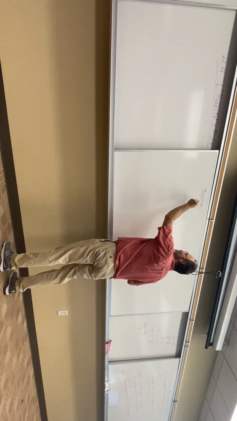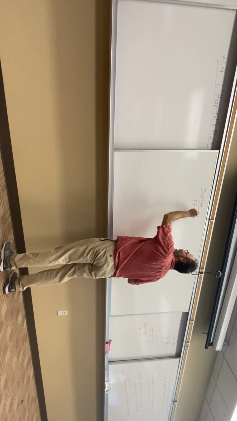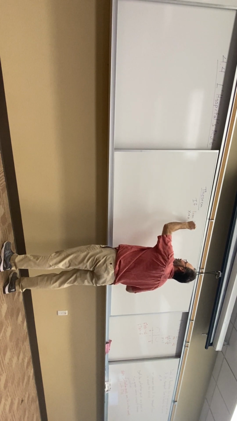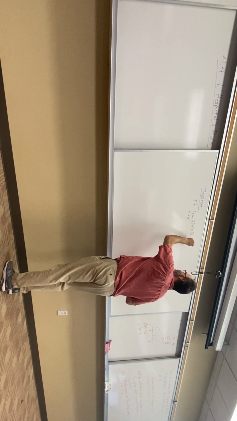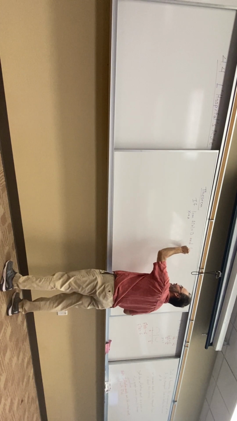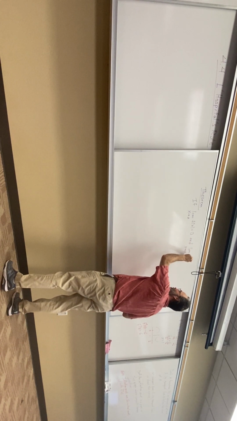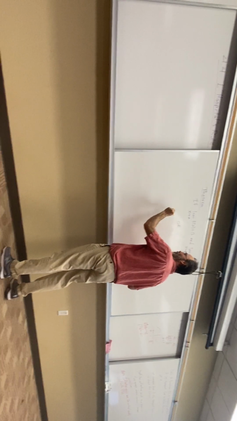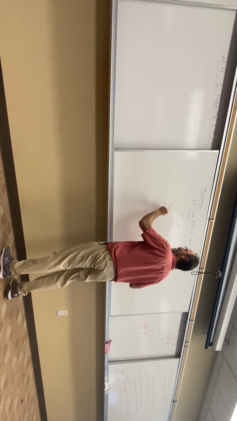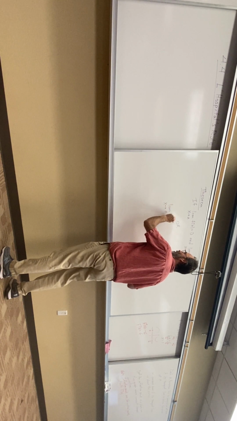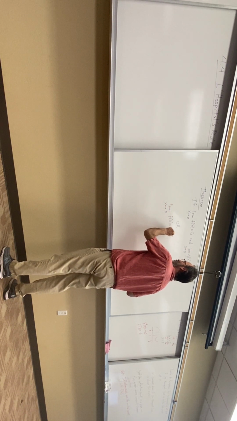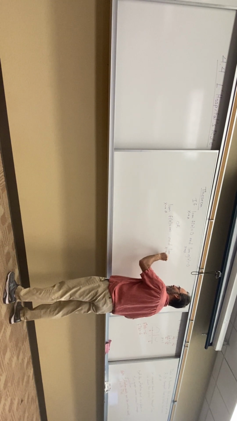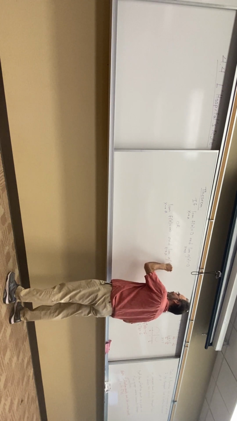If the limit as x goes to a of f of x equals 0, and the limit as x goes to a of g of x equals 0, or the limit as x goes to a of f of x equals infinity, and the limit as x goes to a of g of x equals infinity.